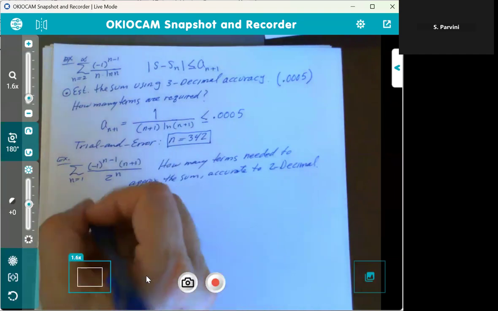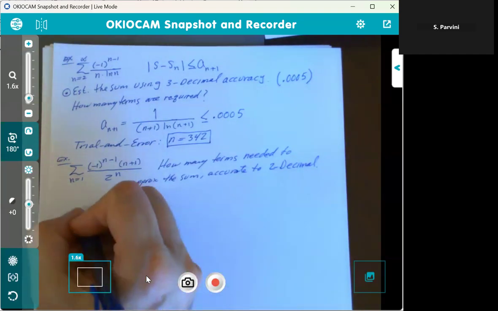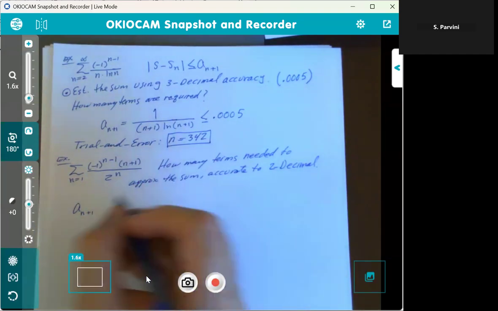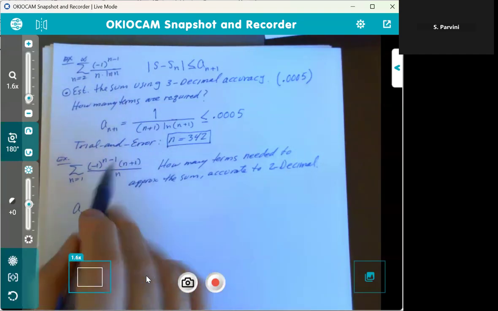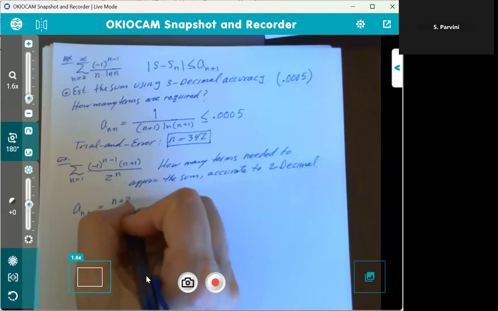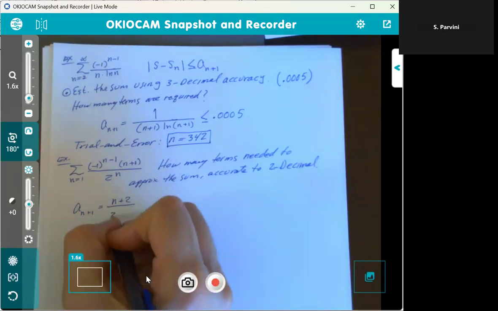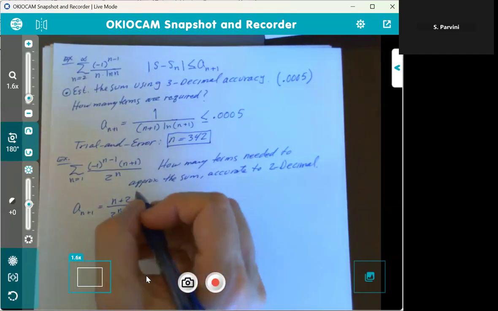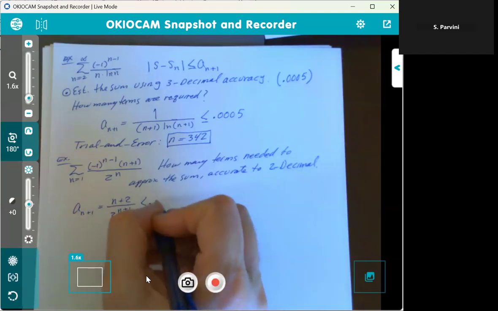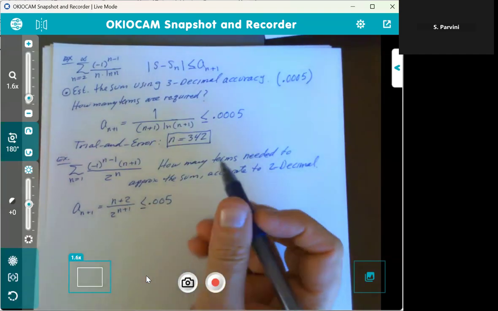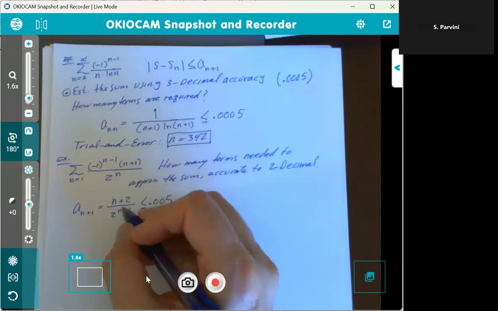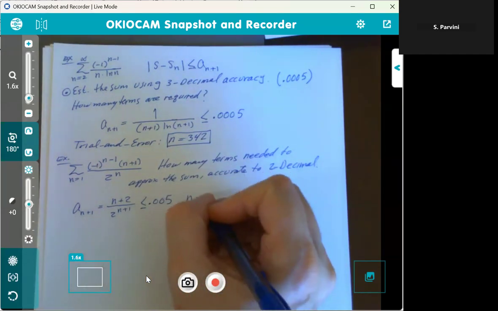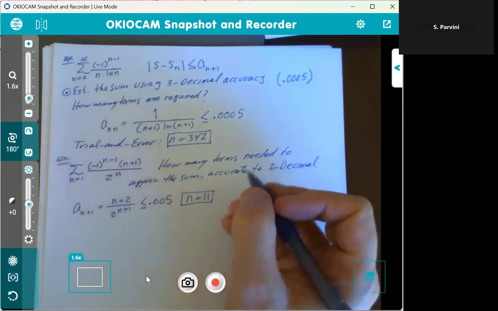So let's see, the next term in the series, a sub n plus 1, is going to be what? That's when n becomes n plus 1. So it's going to be n plus 2 over 2 to the n plus 1. We want this to be less than or equal to 0.005. And again, by trial and error, I tried different numbers for this one, and I got n to be 11.